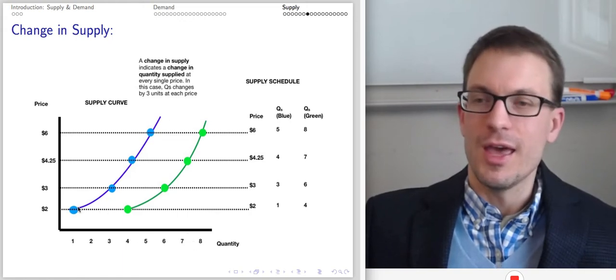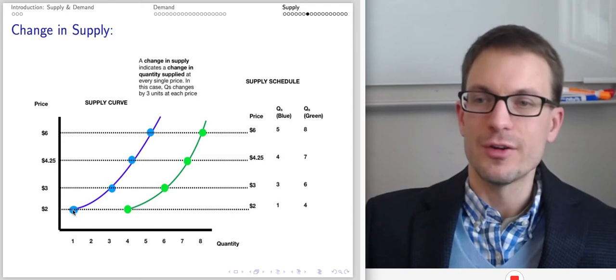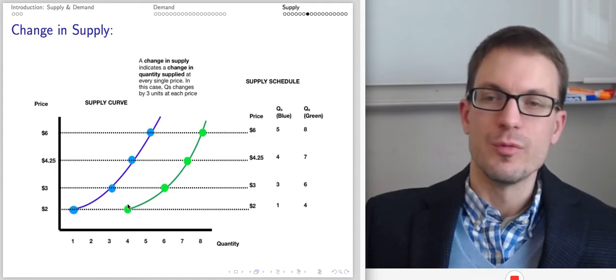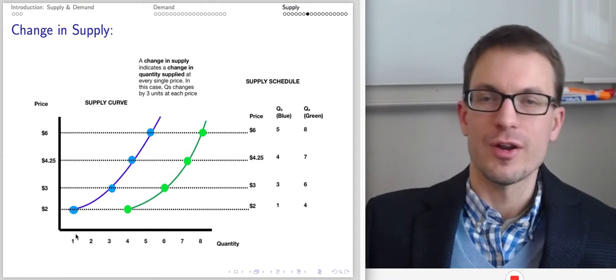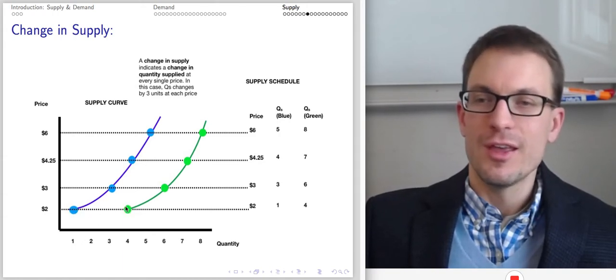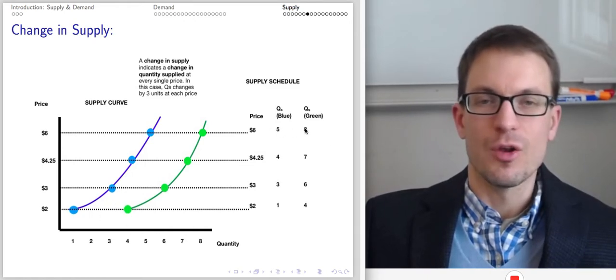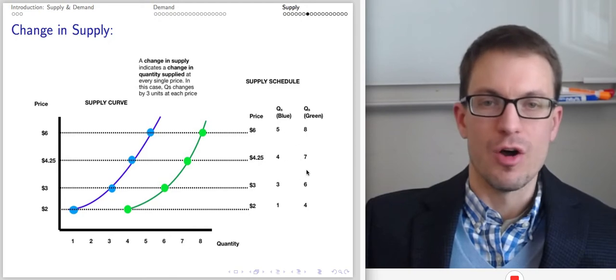And if we are going from the blue curve to the green curve, at a price of $2 we get a new quantity supplied when we move to this new curve. Whereas previously at the price of $2, the quantity supplied had been 1, now the quantity supplied corresponding to the price of $2 is 4. So we get an increase in quantity supplied of 3 at all possible prices.